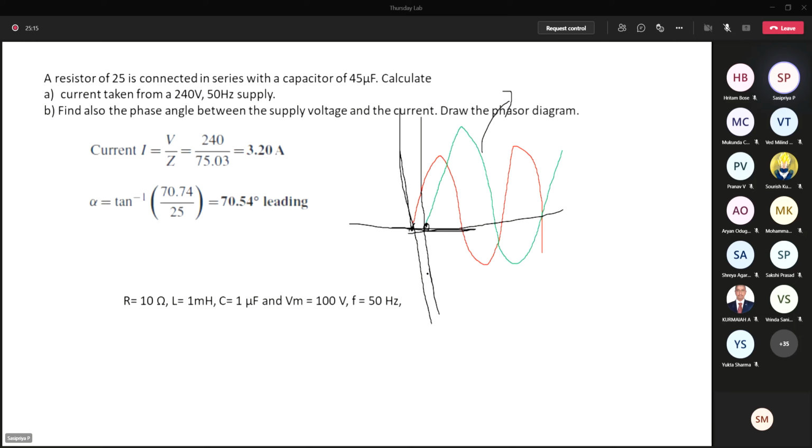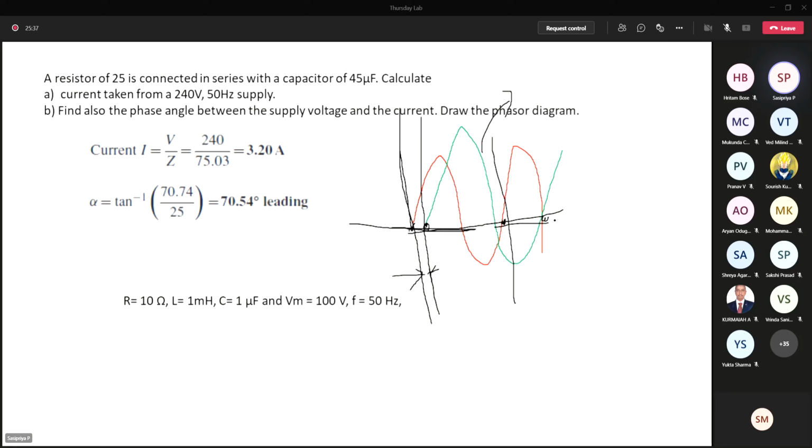Now this is the time difference. I can take it from the next cycle also. See, in my next cycle, this is the 0 crossing point. Since I have drawn manually, I didn't draw perfectly.